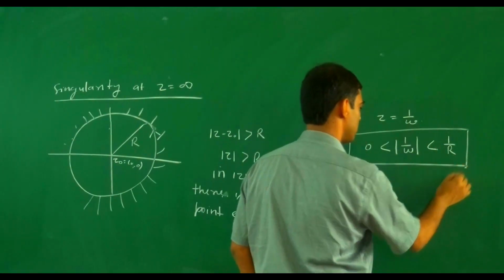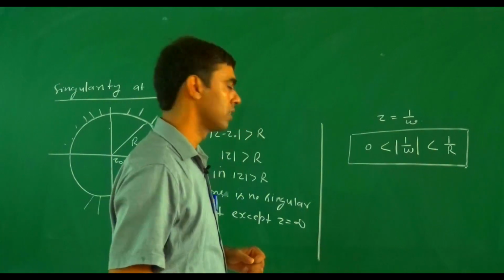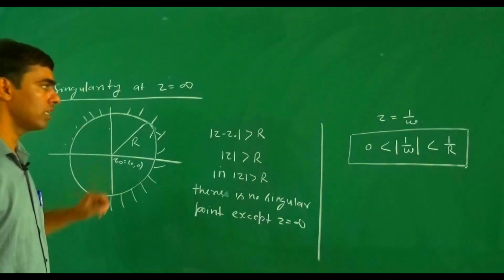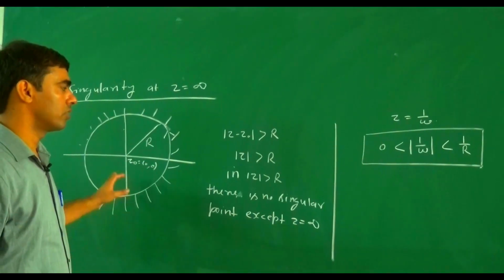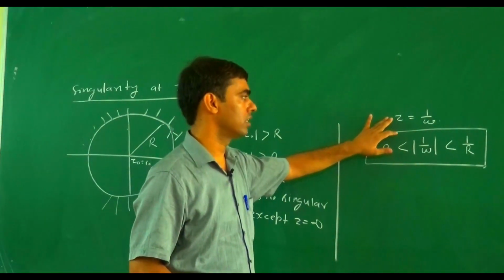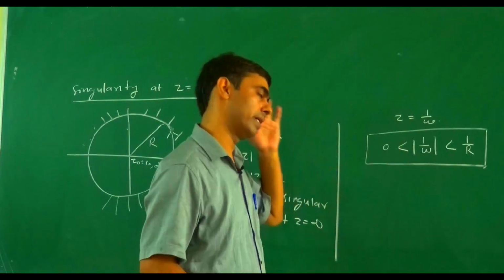Inside this neighborhood there is one singular point, w equal 0, not z equal 0, if we transform from the z plane to the w plane.